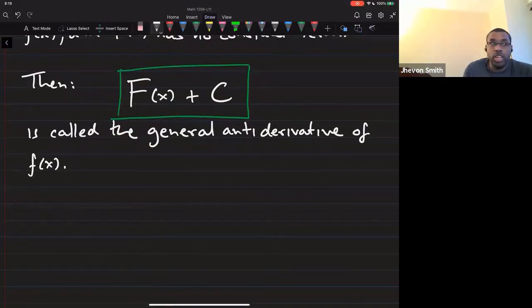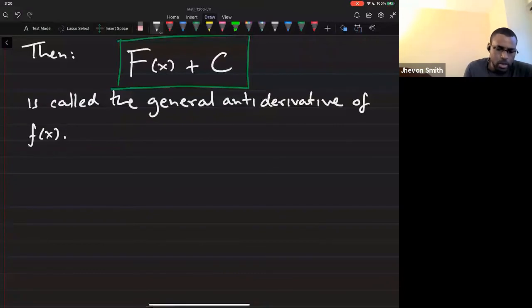And that just generalizes the idea, because every time you add a plus C, you can get a new antiderivative. So some remarks.